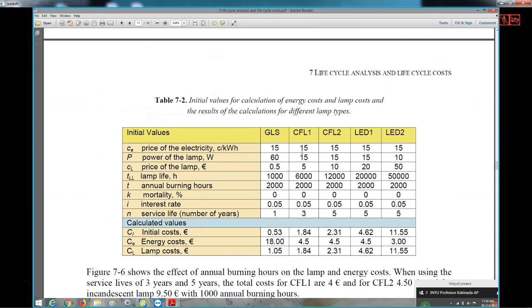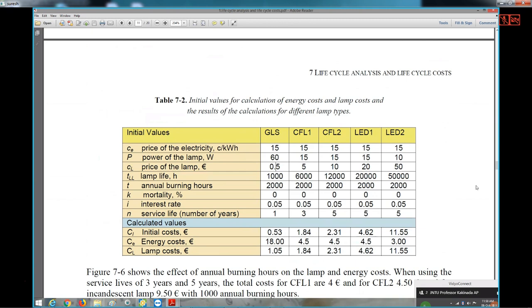The power of the lamp is: tungsten filament lamp 60 watts, CFL 1, CFL 2 and LED 1 take 15 watts, and LED 2 takes 10 watts. The price of the lamp, actually shown in British pounds, is 0.5 pounds, and CFL lamp 1 is 5, CFL lamp 2 is 10, LED 1 is 20, and LED 2 is 50.